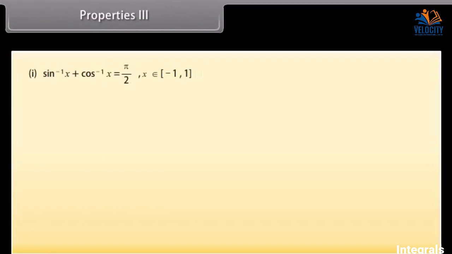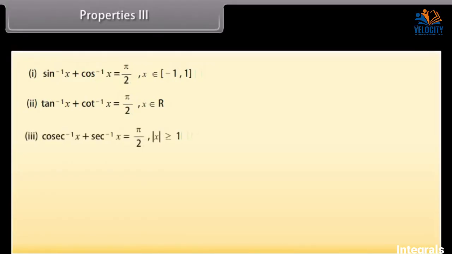Properties 3. Sine inverse x plus cos inverse x is equal to pi by 2, x belongs to minus 1, 1. Tan inverse x plus cot inverse x is equal to pi by 2, x belongs to R. Cosec inverse x plus sec inverse x is equal to pi by 2, modulus of x is greater than or equal to 1.